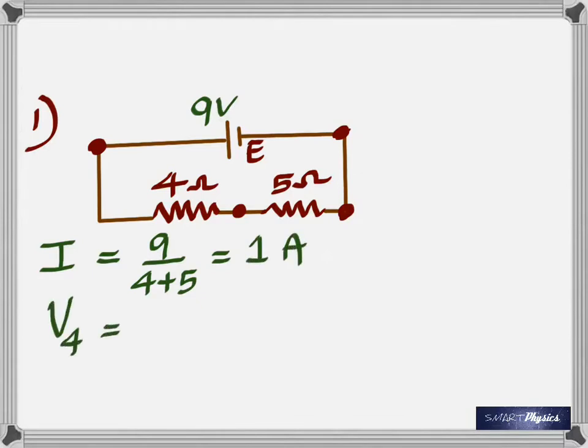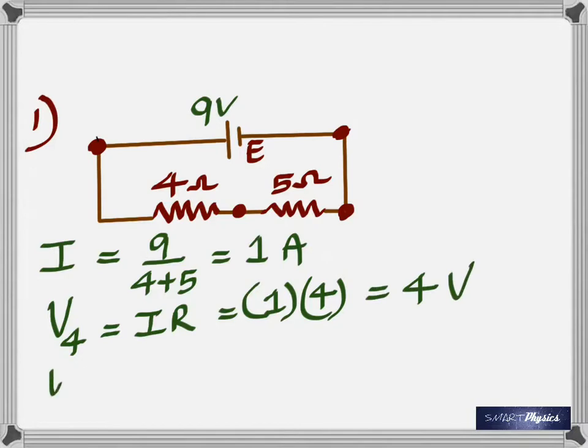And when that current flows across these 2 points, you're going to get 4 volts. And the potential difference across these 2 points is going to be 5 volts. Because voltage or potential difference is the product of current and resistance.